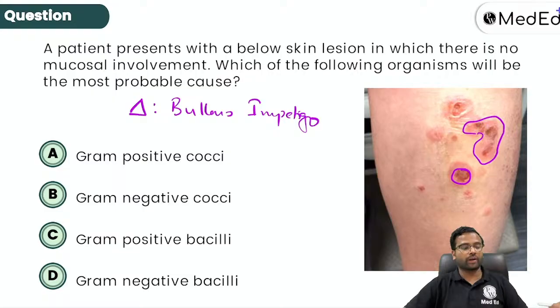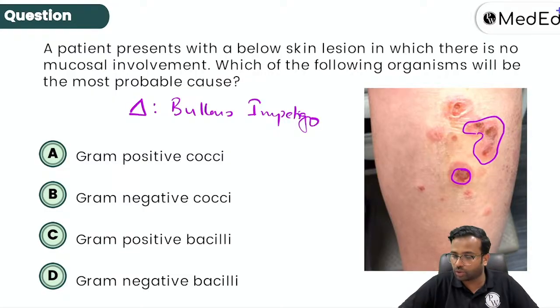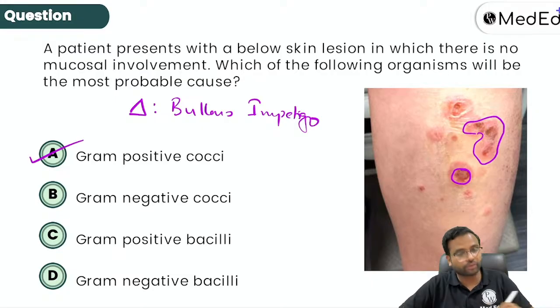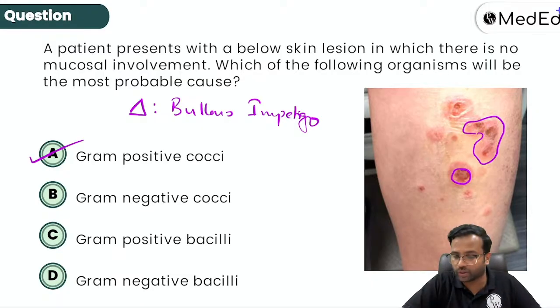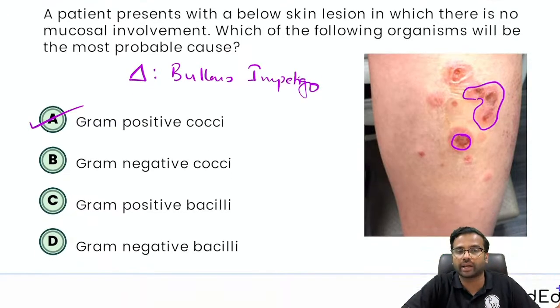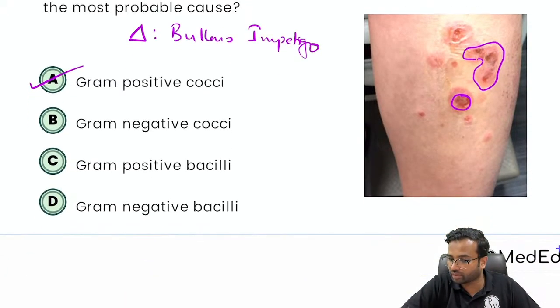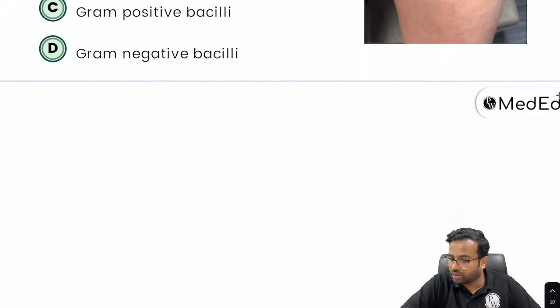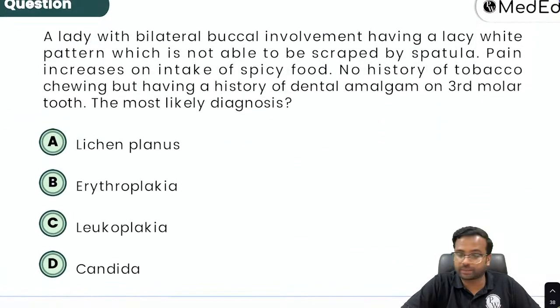Based on the diagnosis of bullous impetigo, the answer is gram-positive cocci, because impetigo can be caused by either staphylococcus or streptococcus. In both cases, the answer is gram-positive cocci. Done. Now let's go to the next question.